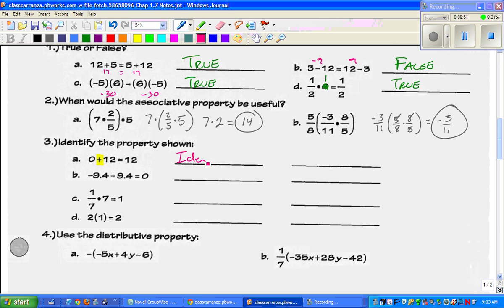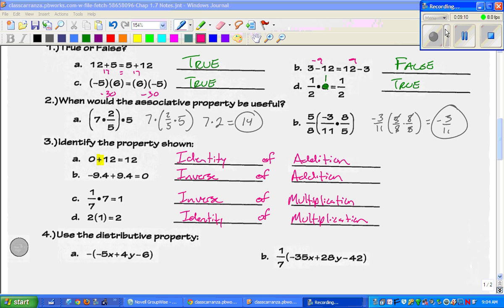That is the identity of addition. Now, why don't you look through these properties and see if you can match them up. Go ahead and pause the video, and the answers will be up in just a second. All right, there are your answers.